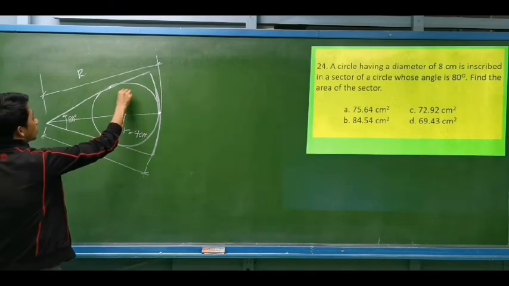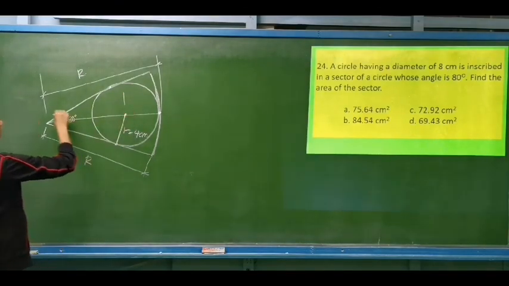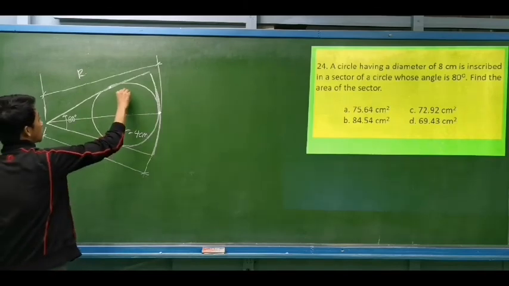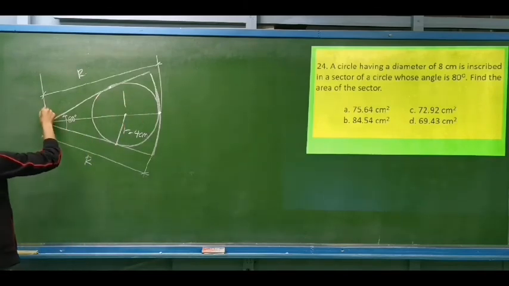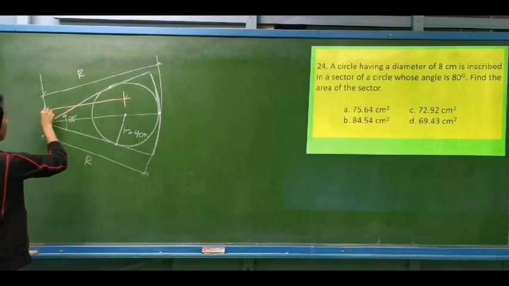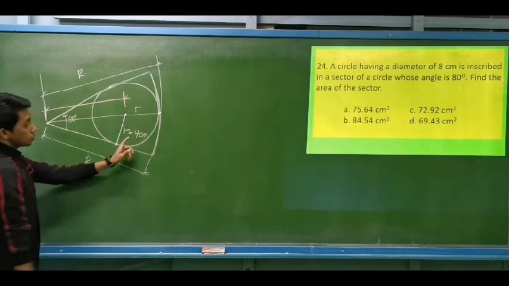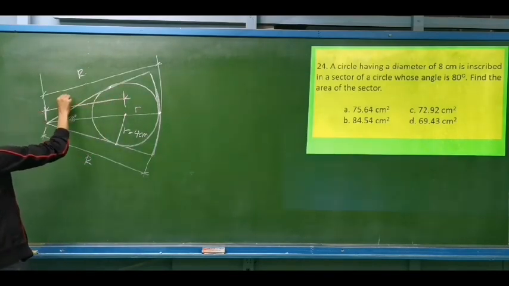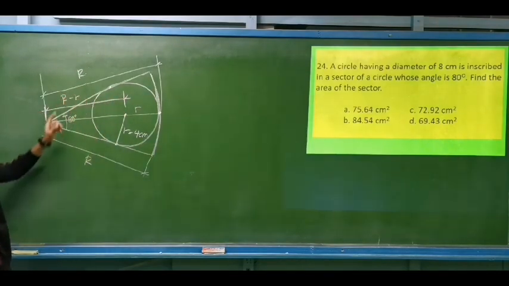So paano kung hanggang dito lang sa center? Hanggang dito lang tayo sa center ng circle. Kung hanggang sa center lang tayo ng circle, this is the same as radius ng small circle. Therefore, yung distance na to is the same as R minus r.